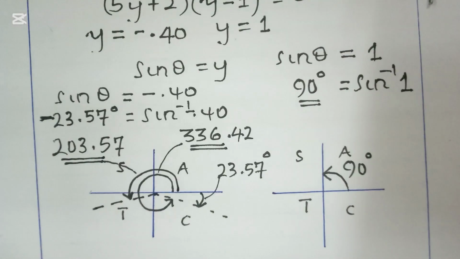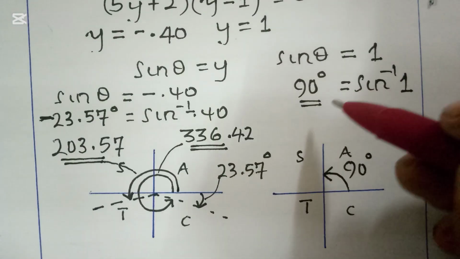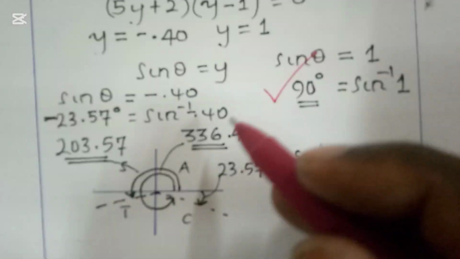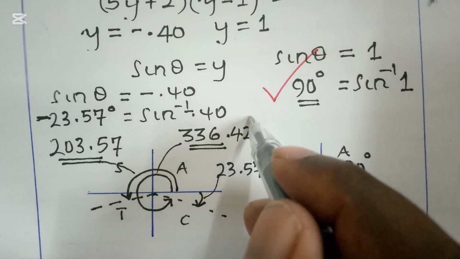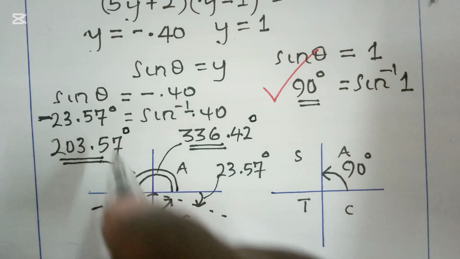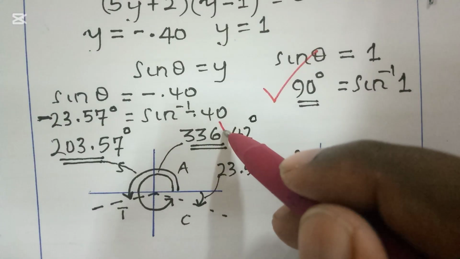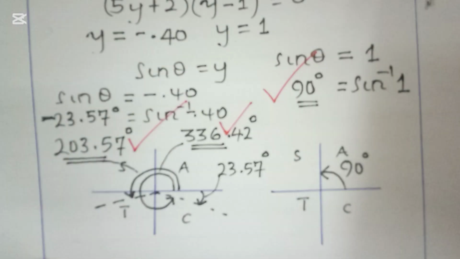And so guys, we have been able to establish our angles between 0 and 360. One of them is 90 degrees, the other is 336 degrees, and also 203.57 degrees.